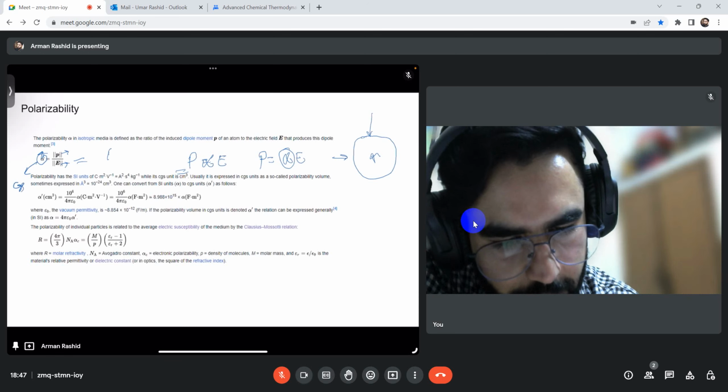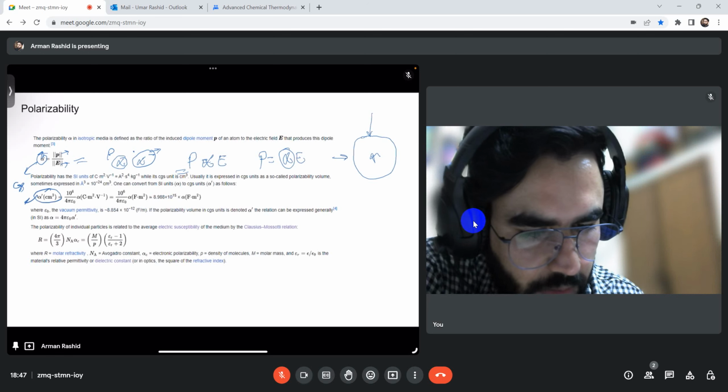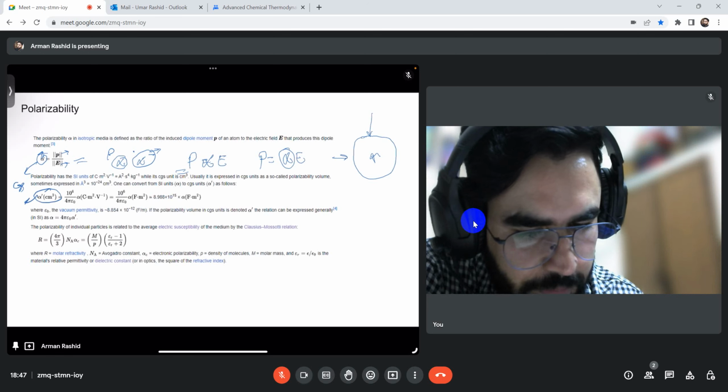Okay, so if we want to convert this into CGS units, this is expressed in terms of centimeter cube, the polarizability volume. So alpha dash, that means the polarizability volume, is equivalent to 10 to the power 6 divided by 4 pi epsilon naught, where epsilon naught is the permeability of free space, times alpha.